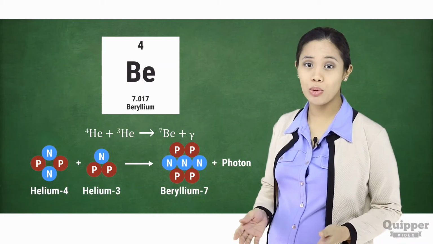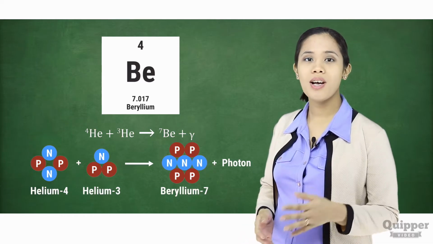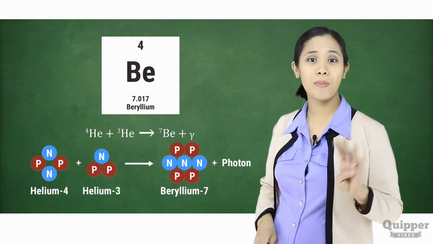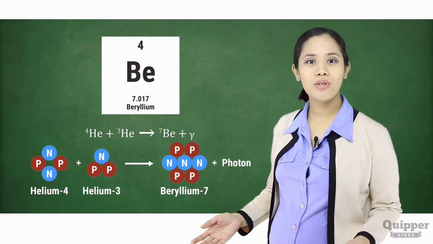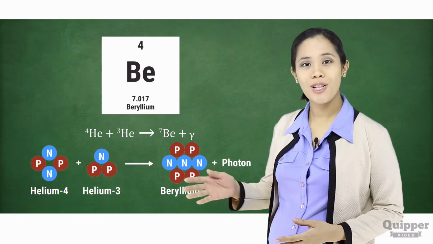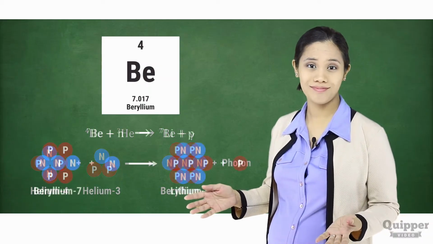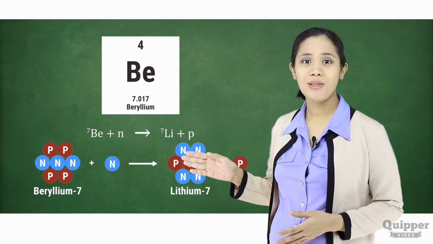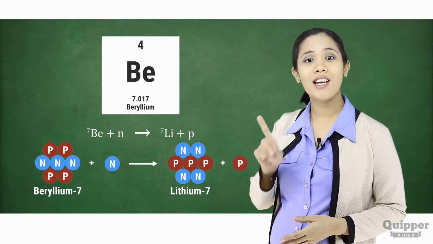Another unstable nucleus that formed was beryllium-7, which has 3 neutrons and 4 protons. It was produced from the nuclear fusion of helium-3 and helium-4. Being unstable, it decayed spontaneously to lithium-7 by releasing a proton.